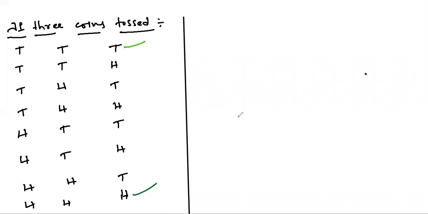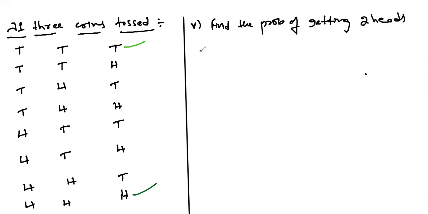I don't remember the number, I think 4. Fifth one. Find the probability of getting two heads. So P of A is equal to.